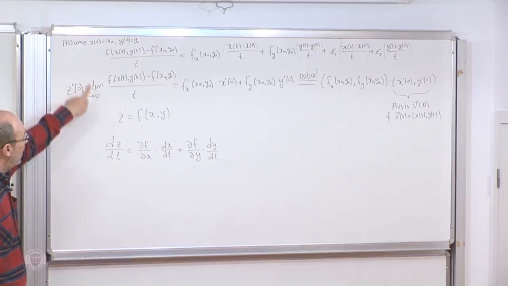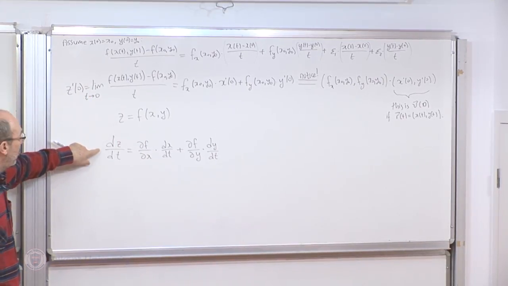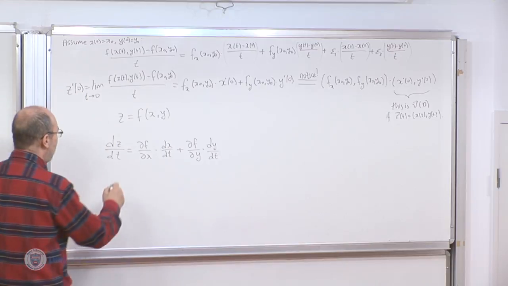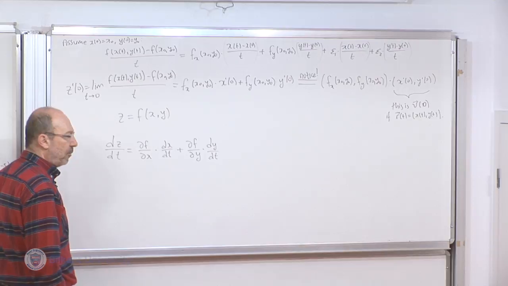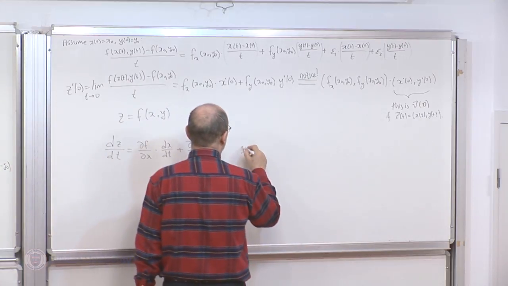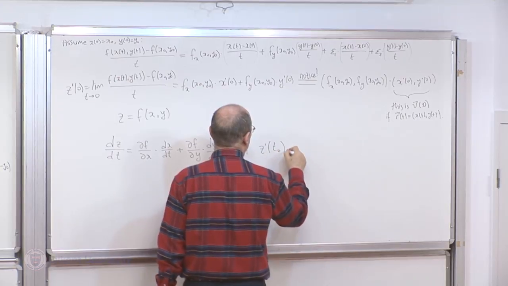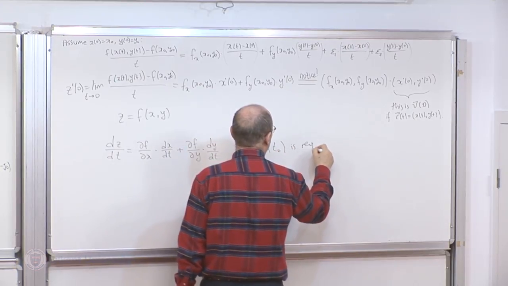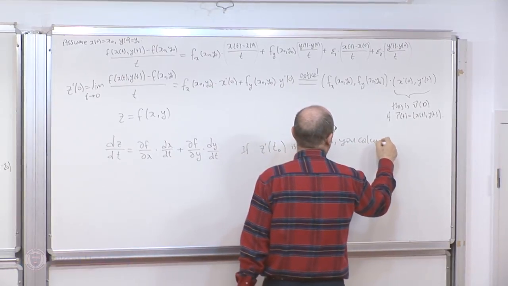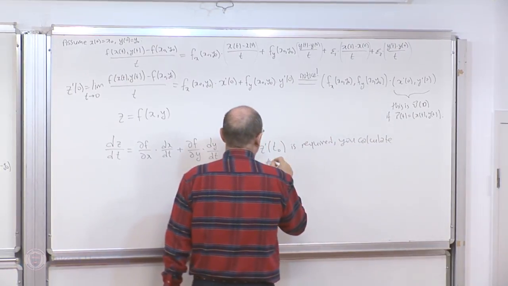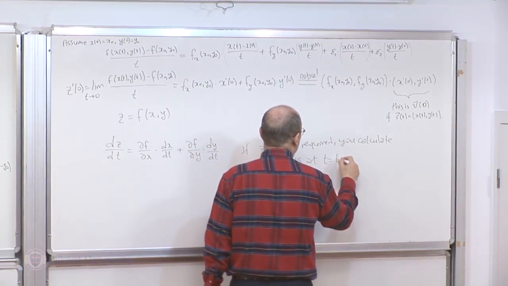You notice that here I didn't evaluate these things. So if we are going to do this, you evaluate this, you evaluate this all at t equals 0. Okay, if z prime of t sub 0 is required, you calculate the right-hand side at t equals t sub 0.